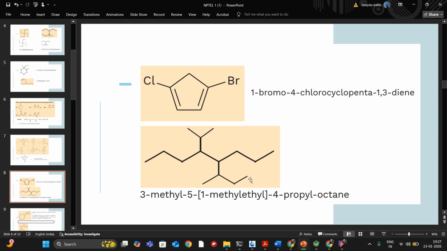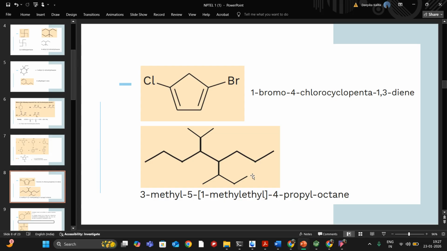Hence, the parent carbon chain will be octane. Now, the nomenclature will include the positions of the substituents in such a way that the substituents will get the lowest numbers.